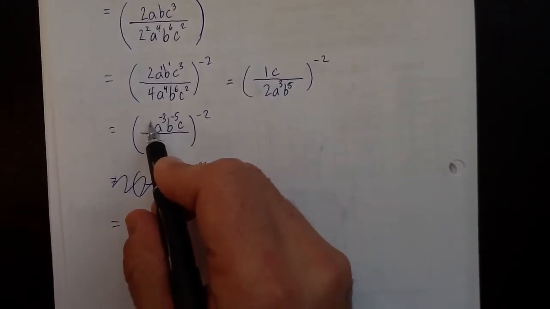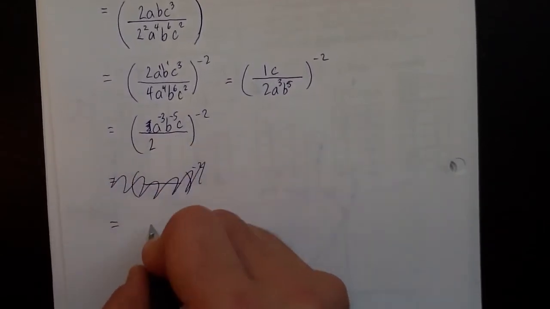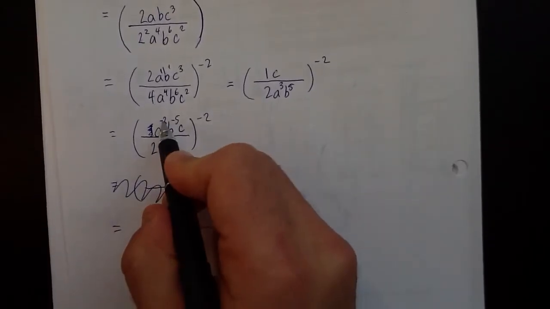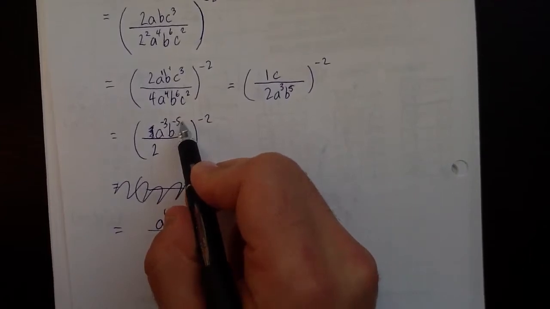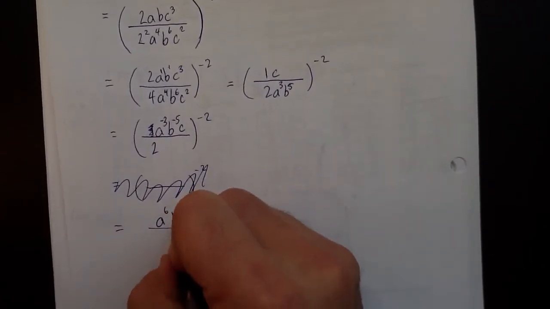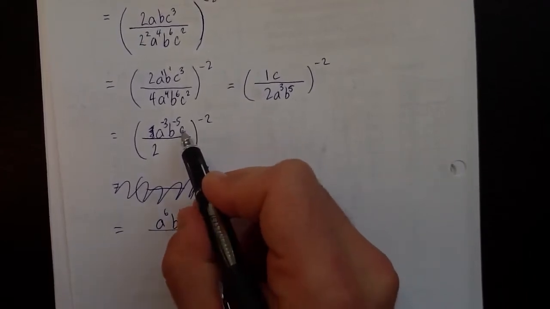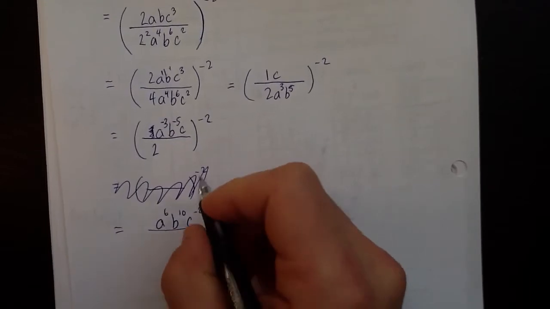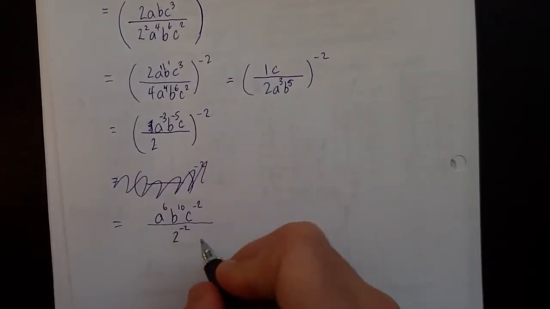So you can actually go, this 1 doesn't matter, but if you go a cubed to the -2, that is a power of a power, you're going to leave it as a, and -3 times -2 is 6. B to the -5 to the -2, that is b to the power of +10, because -5 times -2 is +10. And then c to the power of -2 is just c to the power of -2. And then 2 to the power of -2 on the bottom is 2 to the power of -2.